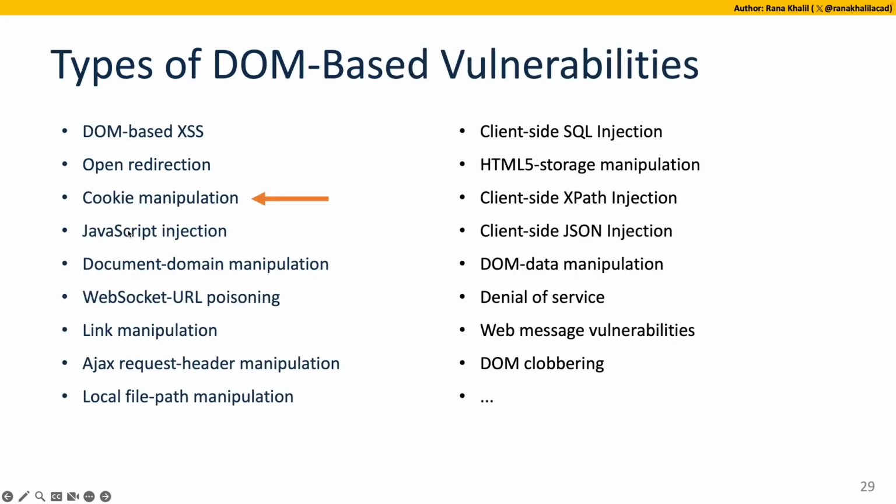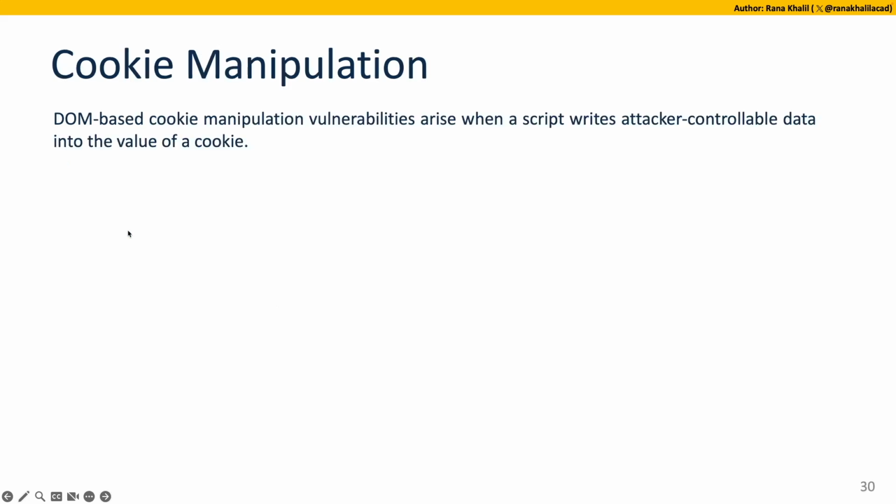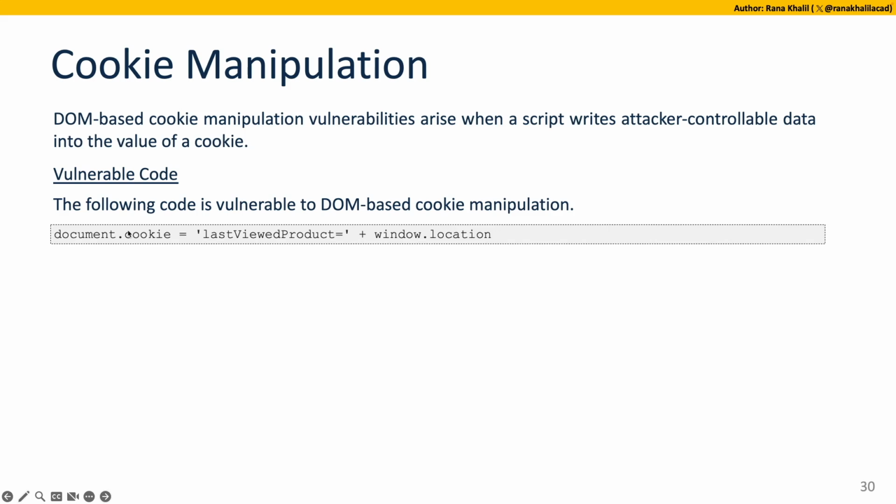Let's move on to cookie manipulation. DOM-based cookie manipulation vulnerabilities arise when a script writes attacker-controllable data into the value of the cookie. In the example that we have on the screen, we can see that JavaScript writes data from the source window.location to the sink document.cookie without sanitizing it first, and so an attacker can exploit this vulnerability to manipulate the value of the cookie and inject arbitrary values.